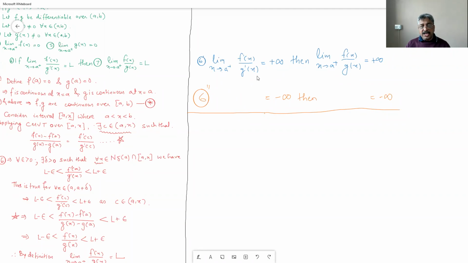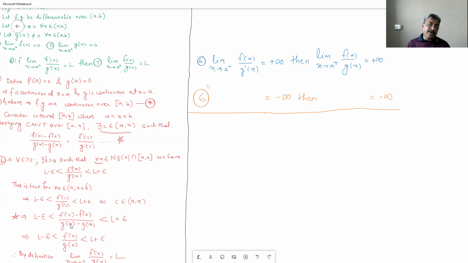We will have to change the proof as per the definition of limit when it tends to plus infinity. That capital M, given capital M, you produce a limit f of x greater than that. That kind of proof will be there here. It will not be L minus epsilon, L plus epsilon. Okay. And if there is one more variation that it goes to minus infinity, then this is also going to go to minus infinity.